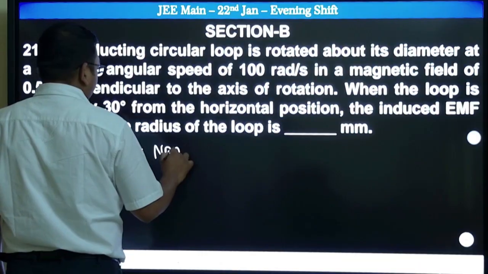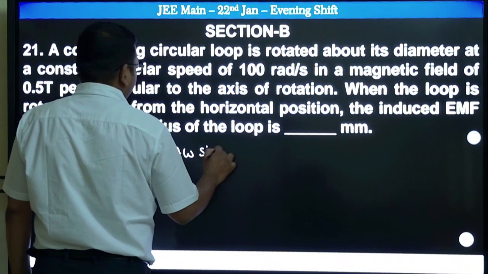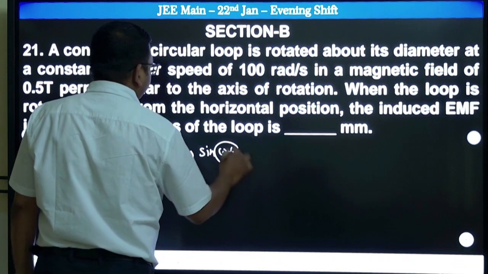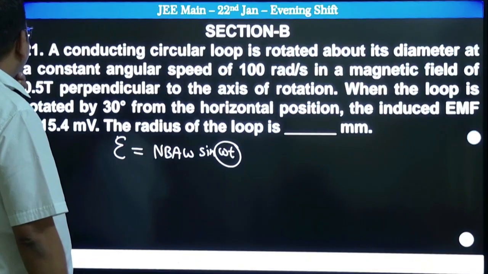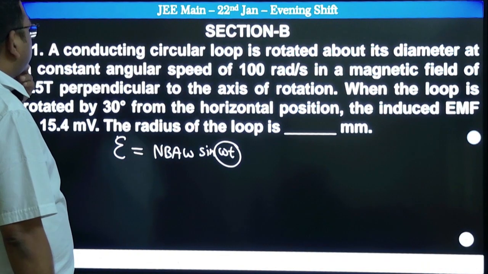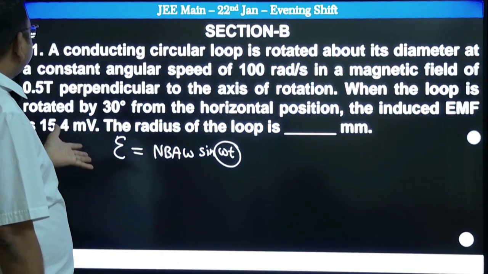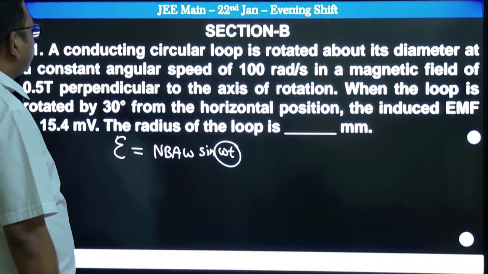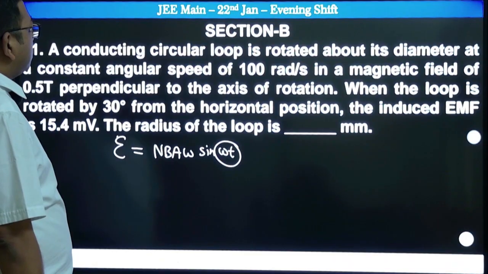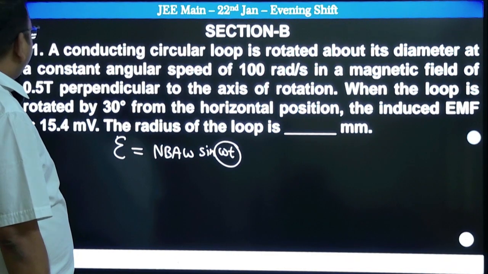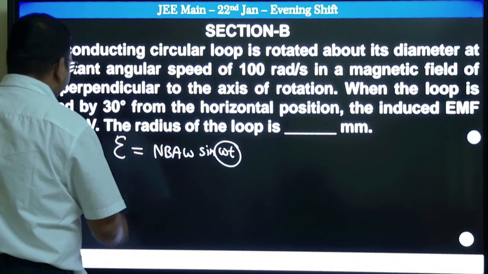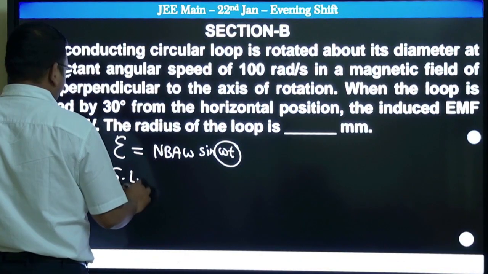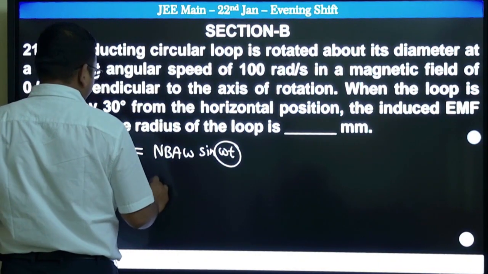NBA omega sine omega t. This is nothing but the angle theta, right? So how much angle it is making? When the loop is rotated by 30 degree from the horizontal position, the induced EMF is, EMF value is given 15.4, right, milli, 10 to the power minus 3.